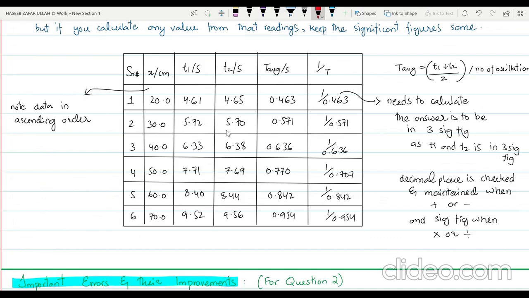You have to represent that in ascending order, from the smallest to the largest.